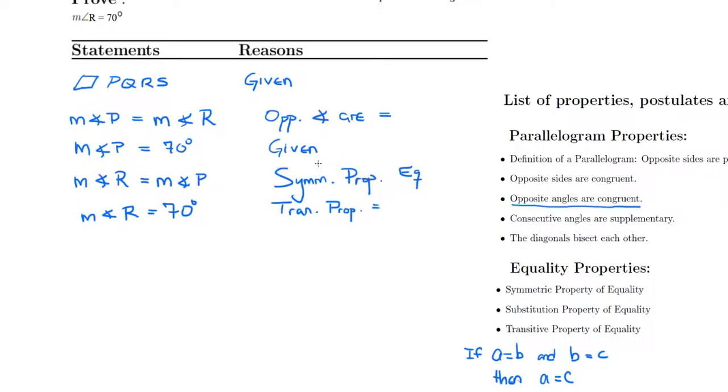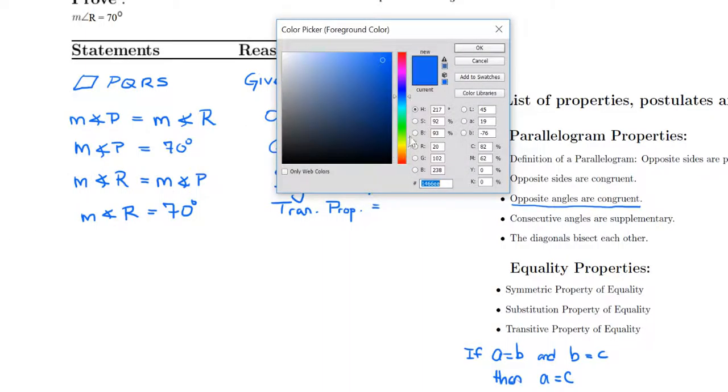But my style of teaching is that I want to give every single detail to make as much sense as possible. Again, this is the hard part here. I'm going to use the transitive using this as A. So I'm going to change my color because I want to make sure everybody's on the right track.